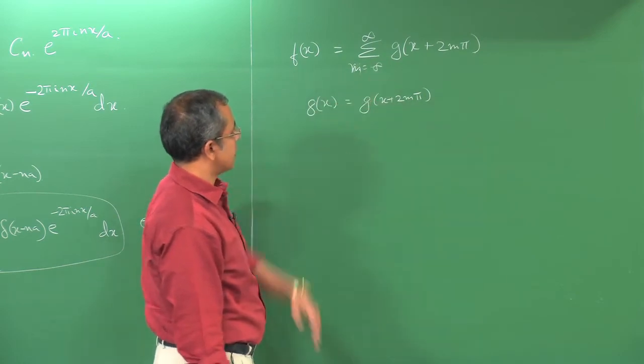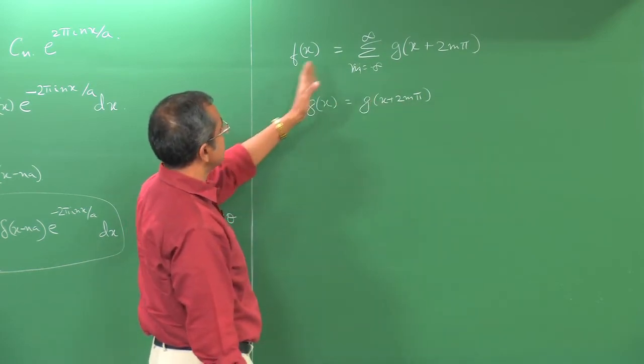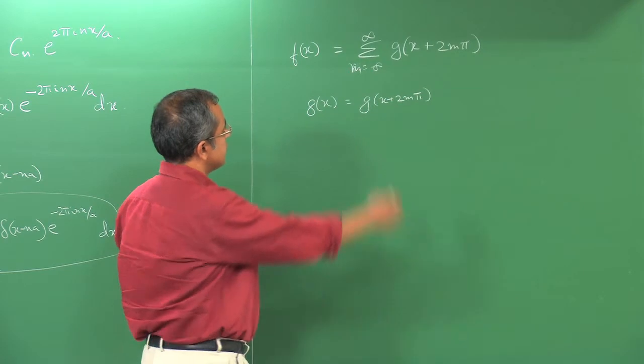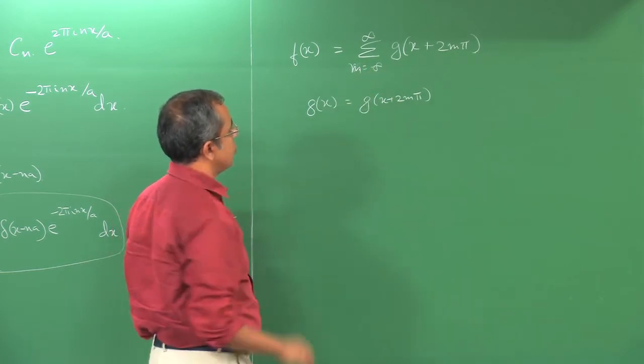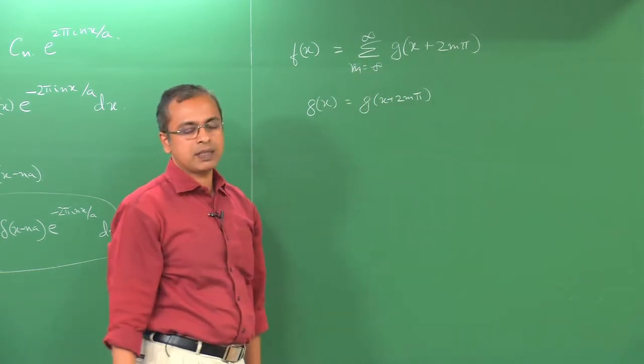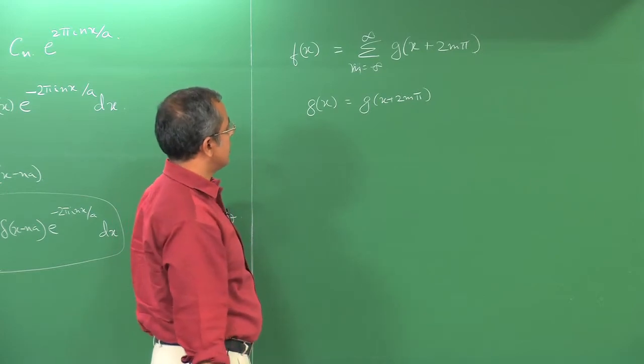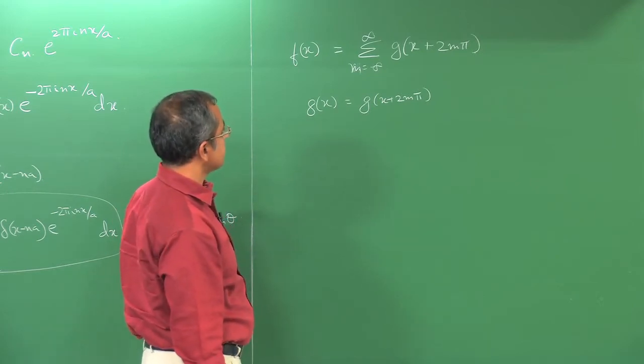So, we can represent this function using a set of infinite terms which have this kind of periodicity, and that is the general way in which you would express this as a Fourier series, right.